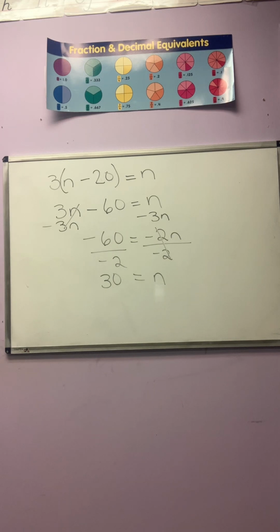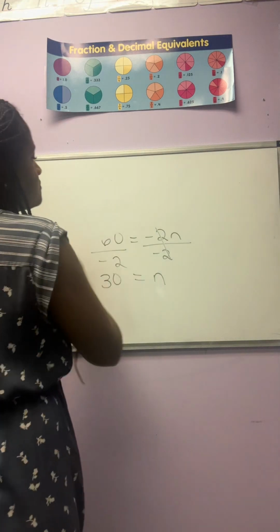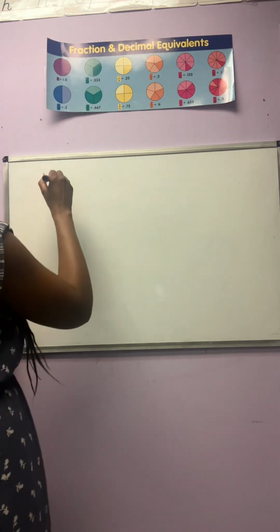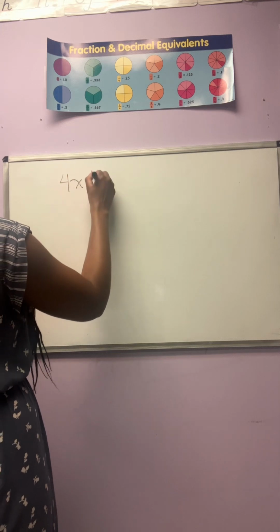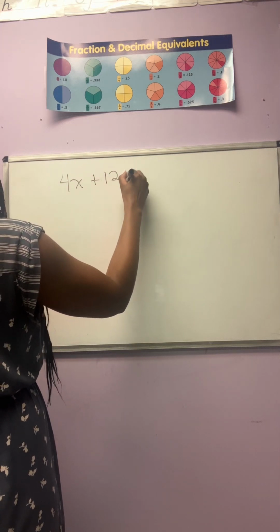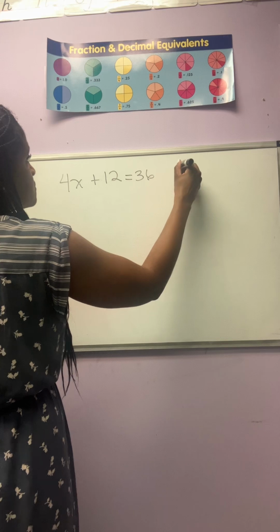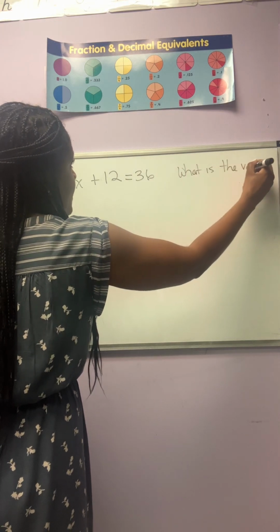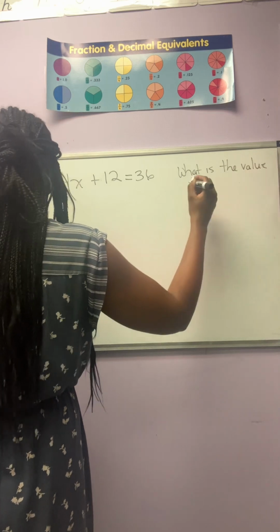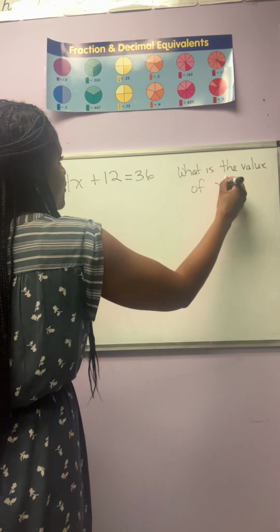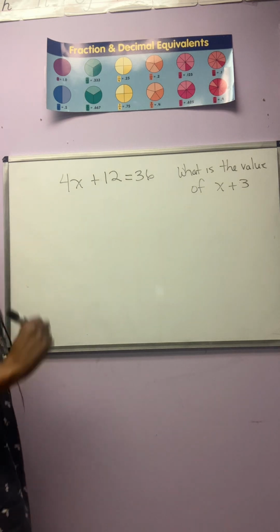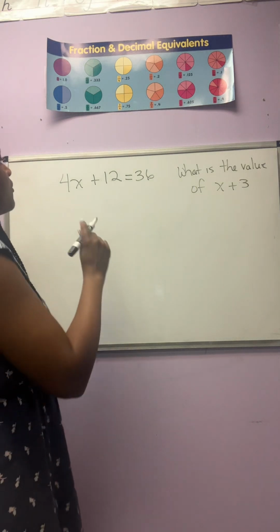Okay, let's see. I'll do one more. So this one, and they have these a lot. So when you think you're done and you have your answer, it's nope, nope, nope. You have to answer the second part. So we're going to solve for x.